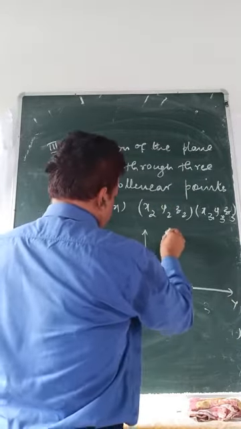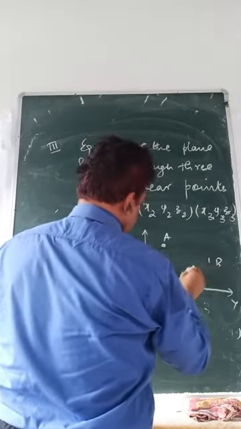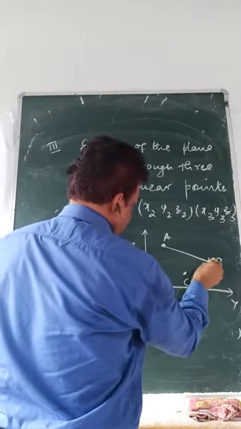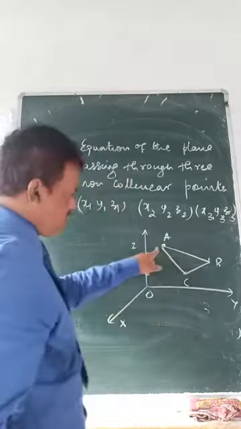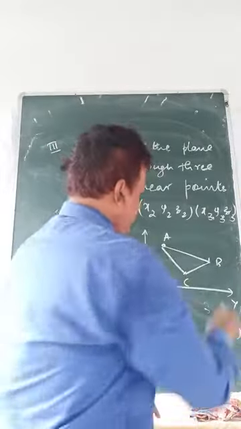This is a point A, this is a point B, suppose this is point C. Now this is a plane, non-collinear points. Okay?